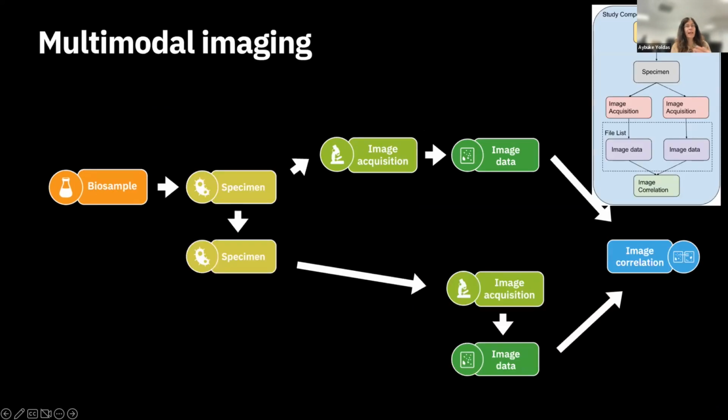However, if you have the multimodal imaging, like the example I was giving, but those images are related to each other, if there is an image correlation between them, which you later use, it is sometimes better to put them into the same study component and capture that image correlation information that goes together with them. So these are all now implemented in the BioImage Archive.